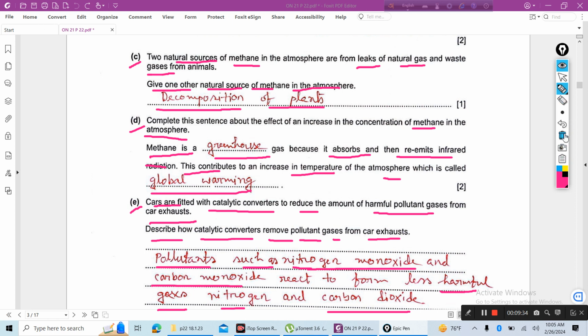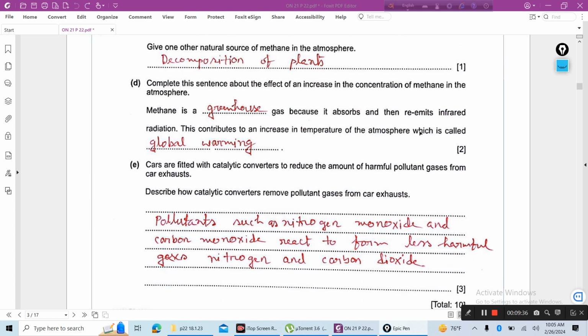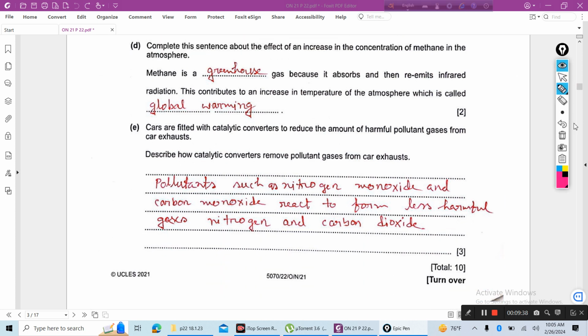Nitrogen monoxide is a harmful gas. Nitrogen monoxide reacts with carbon monoxide to produce nitrogen and carbon dioxide.